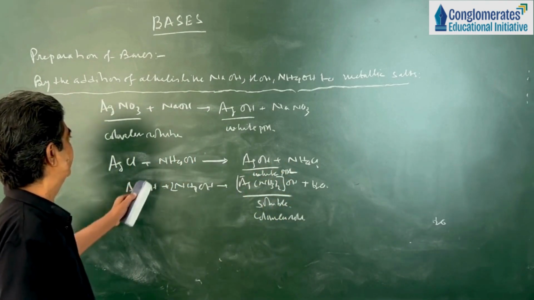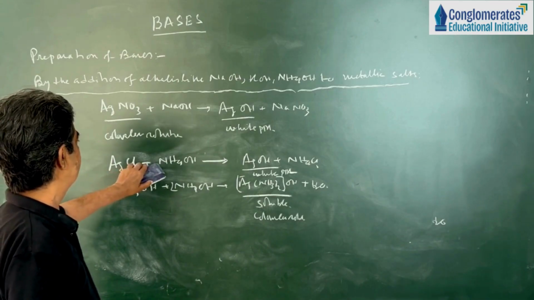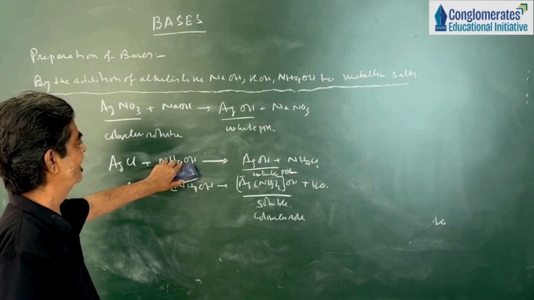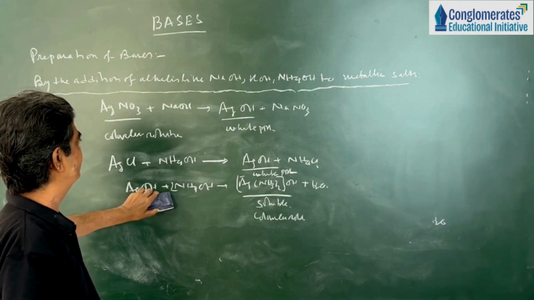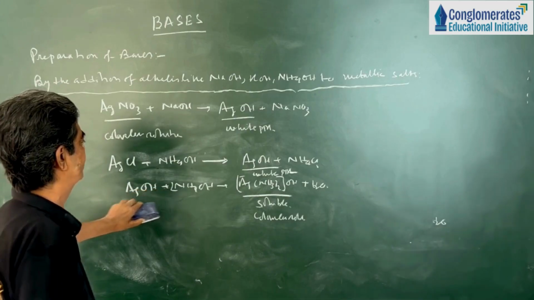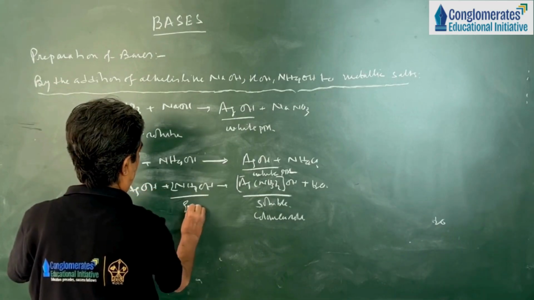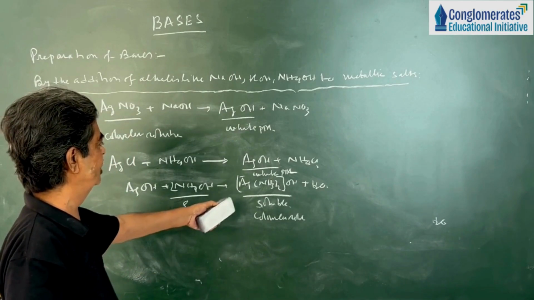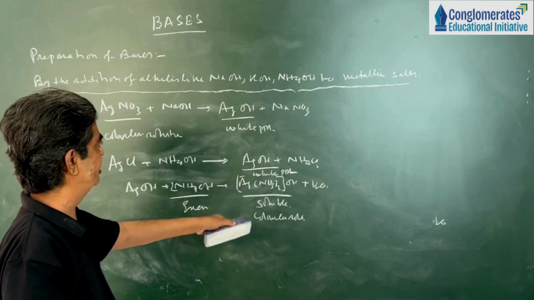Okay. Now, in case of ammonium hydroxide, if we add silver chloride, we will get silver hydroxide PPT, that is a white PPT, but this white PPT is soluble in excess ammonium hydroxide, to form a colorless solution due to the formation of soluble diamine silver hydroxide.